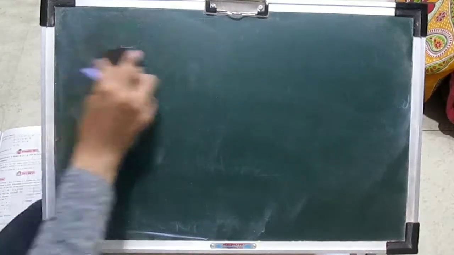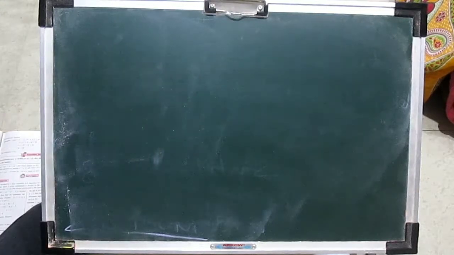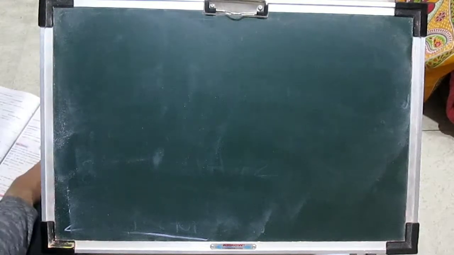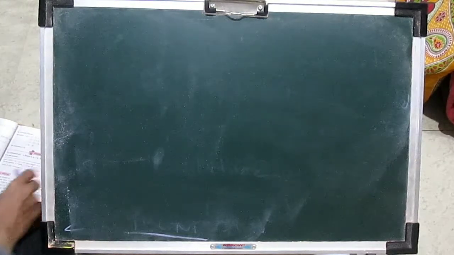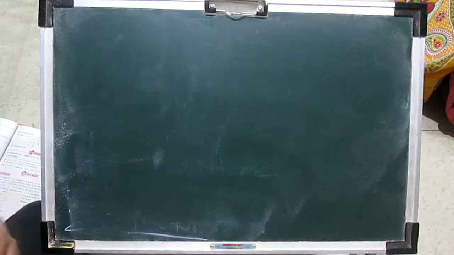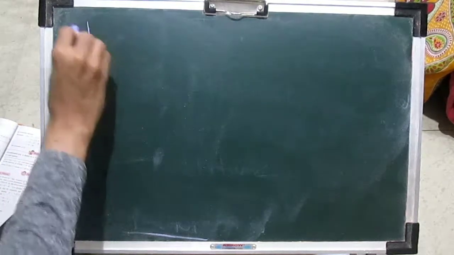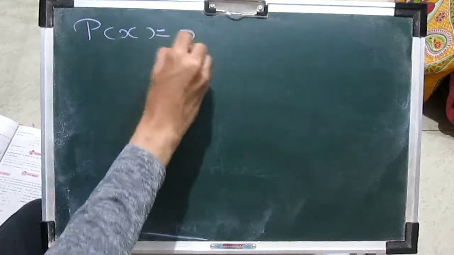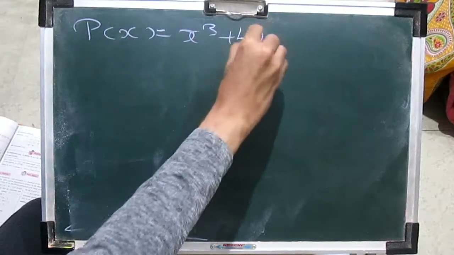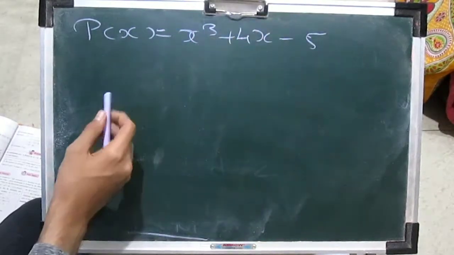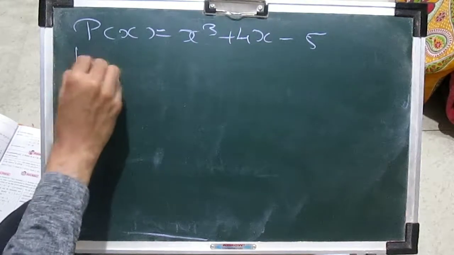Suppose I take an example from page number 51 in your textbook. You can open that textbook. Page number 51, example number 1. It says that you have p of x equal to x cube plus 4x minus 5, and they are asking us to divide by the polynomial x minus 1.